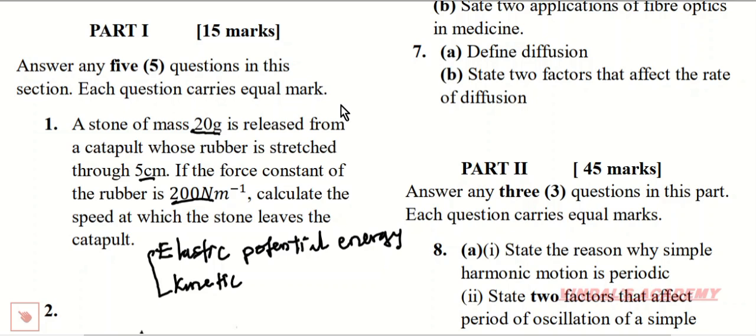So simply put, this particular question is saying that the elastic potential energy of the rubber from the catapult is transformed into the kinetic energy with which the stone leaves the rubber.